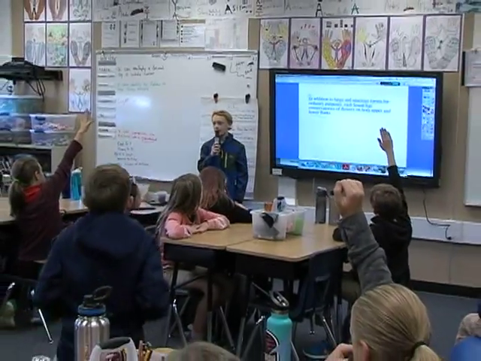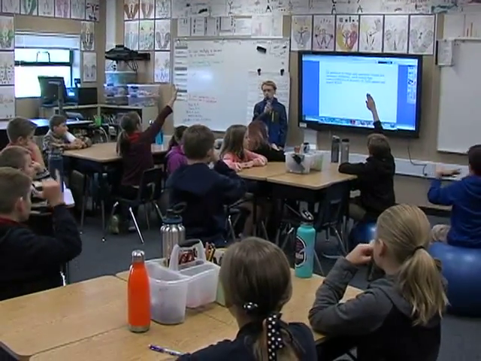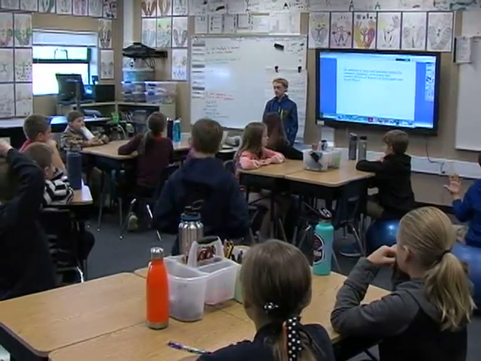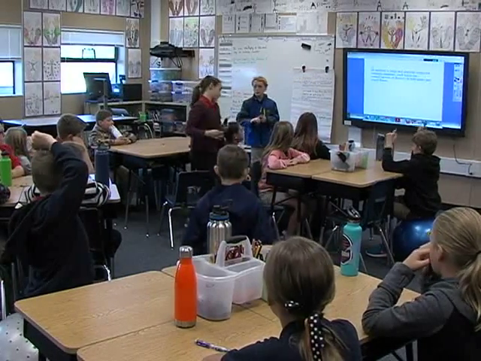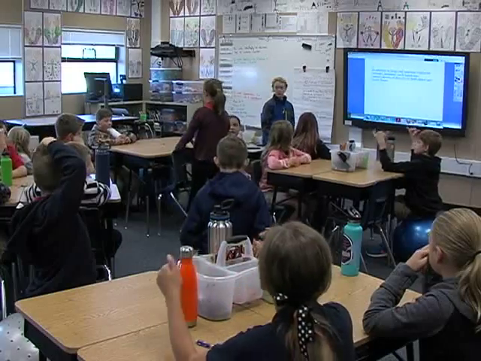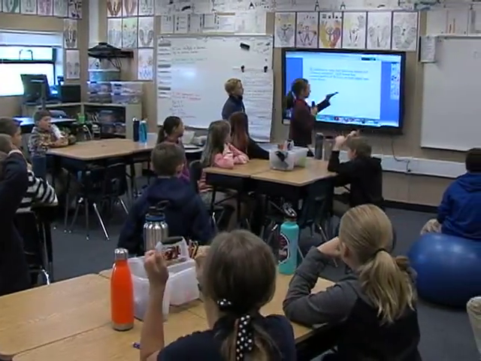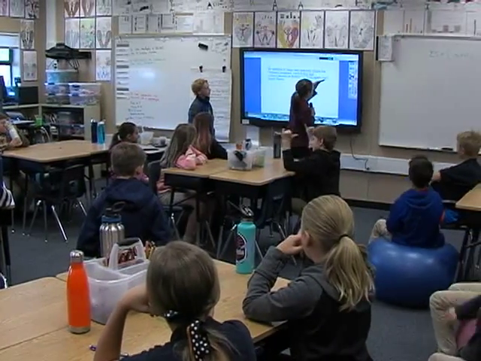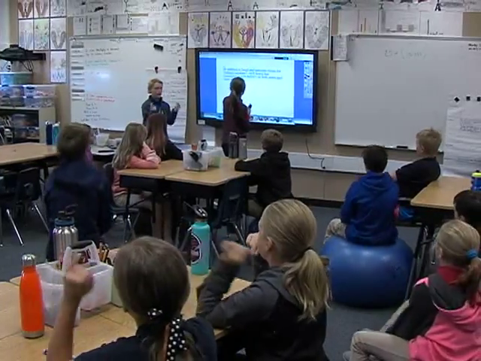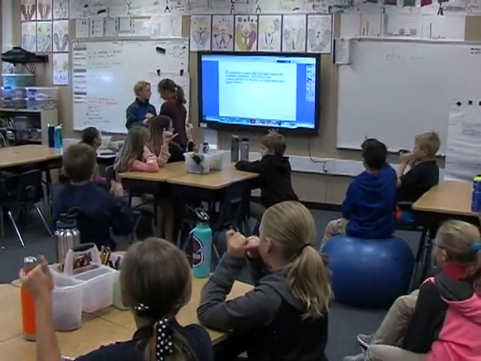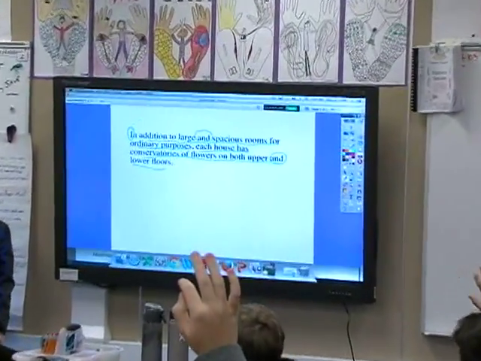Does anybody want to add to what Jillian said, or do you notice anything else? Emma. I noticed that there's 2 conjunctions. Nice job. Does anybody notice anything else? No.